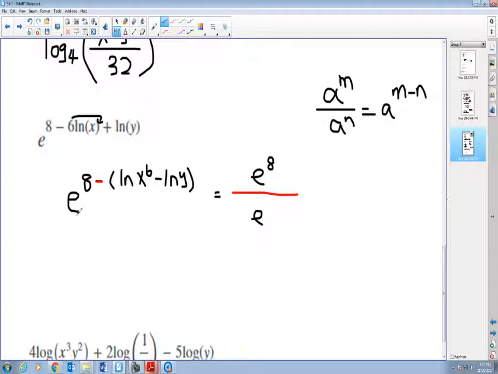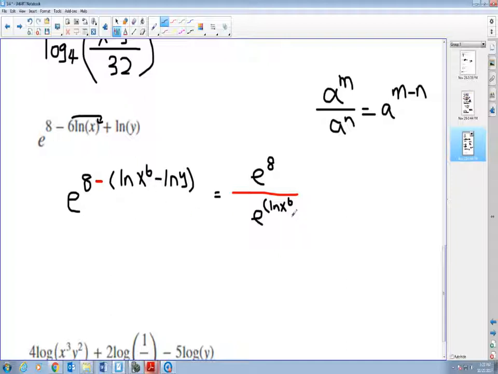That's why I got base e on top, and I also gonna have base e in the bottom, because these two terms up here share the same base. So now that will be e to the natural log of x to the 6th power.